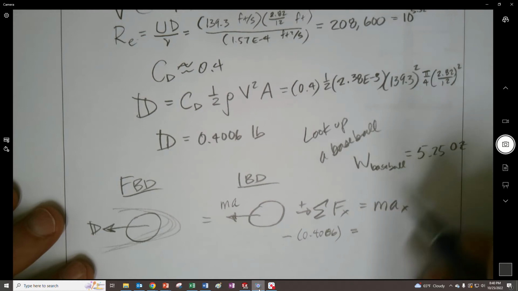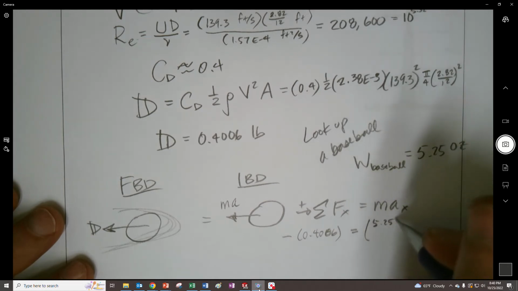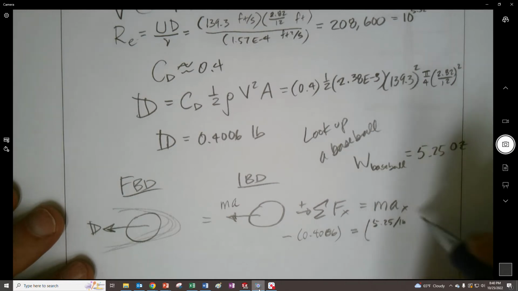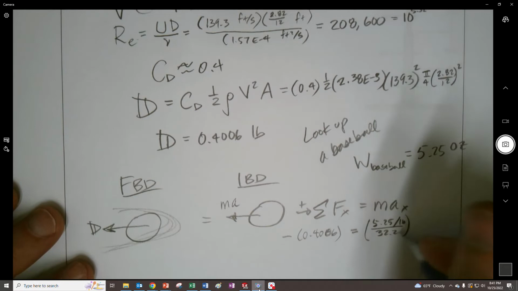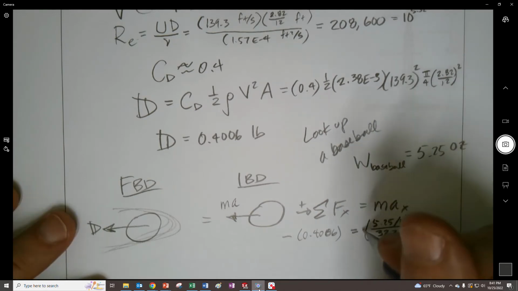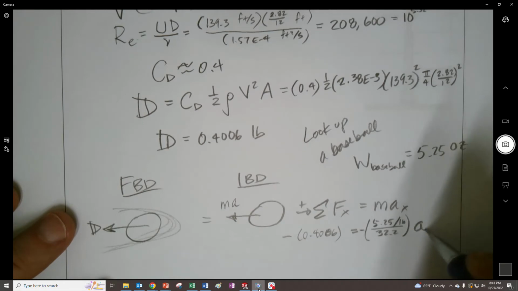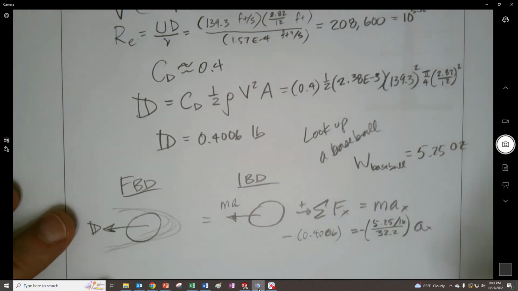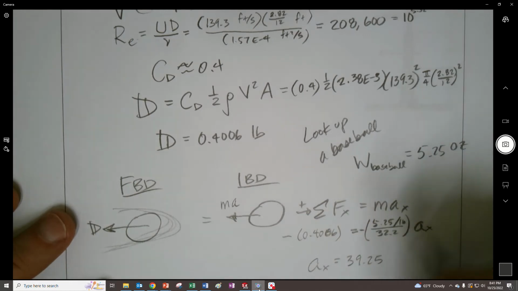It's going to be equal to the mass, which is 5.25 divided by 16, because there's 16 ounces in a pound, divided by 32.2. And by the way, this should be negative because this is pointing to the left as well. And we get the acceleration in the x direction. Well, what we will find is that we will get 39.25 feet per second squared.